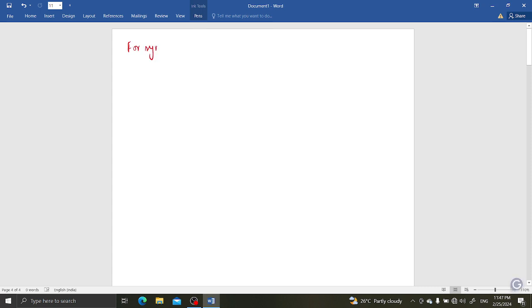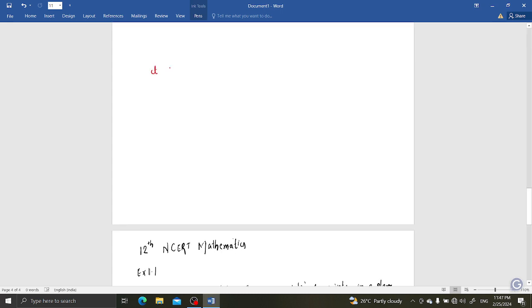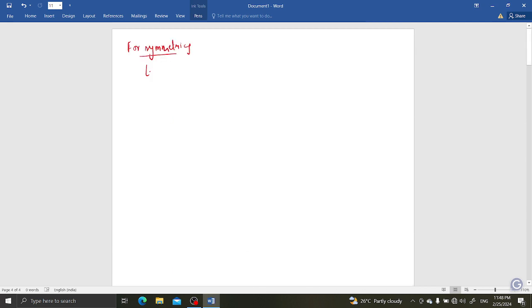For symmetric, what do we need to assume? Let P, Q belong to A. First of all we need to assume two elements of A, and one more thing we need to assume, that (P, Q) belongs to R. I assume the elements in the form of P and Q because here the elements of A are the points in the xy plane.